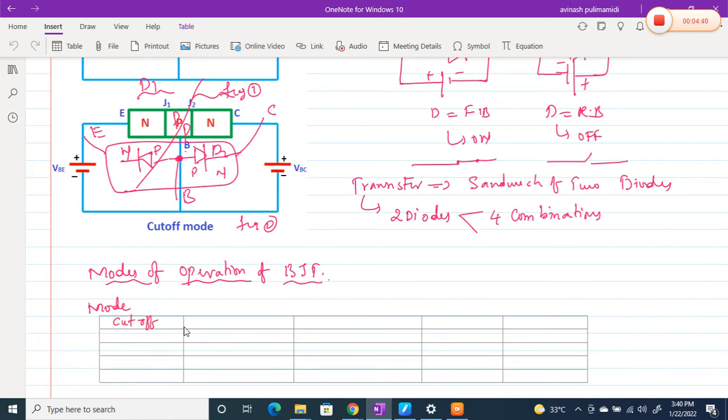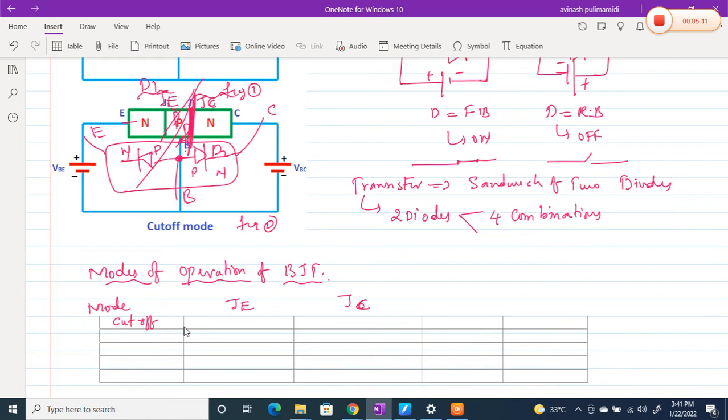In the cutoff mode, how will the emitter and collector junctions be? For example, this is emitter to base; we have one junction. This is called the emitter junction. In the same way, from base to collector, we have one more junction, the collector junction.